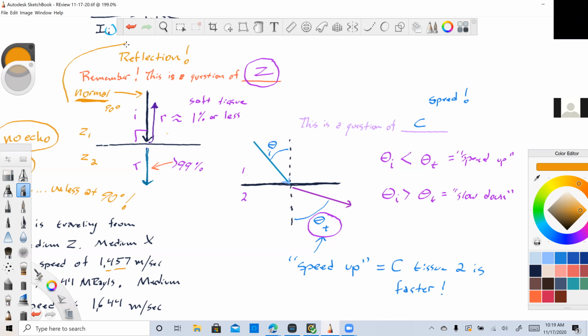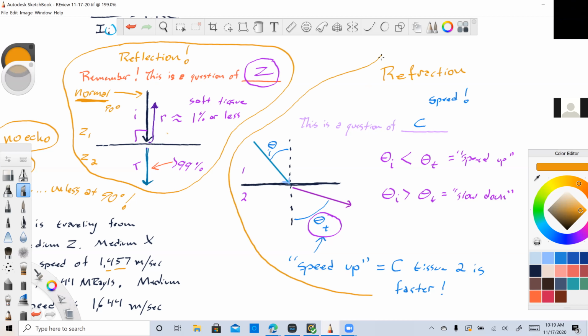All the information we need for reflection is there: impedance. All the information we need for refraction is here: speed of sound. Okay, so let's come back.